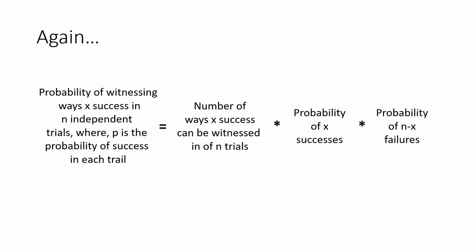Again, the binomial distribution will give us the probability of witnessing x successes in n independent trials, where p is the probability of success in every trial. It is given by the product of the number of ways x successes can be witnessed in n trials, the probability of x successes, that is p to the power of x, and the probability of n minus x failures, that is (1 minus p) to the power of n minus x.